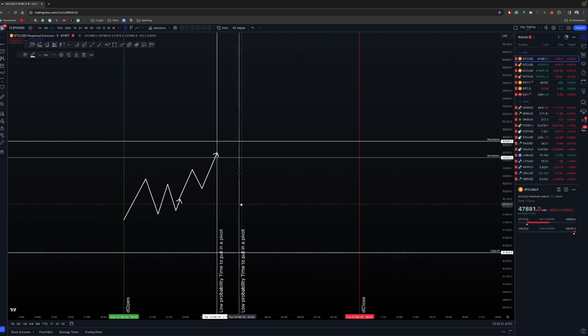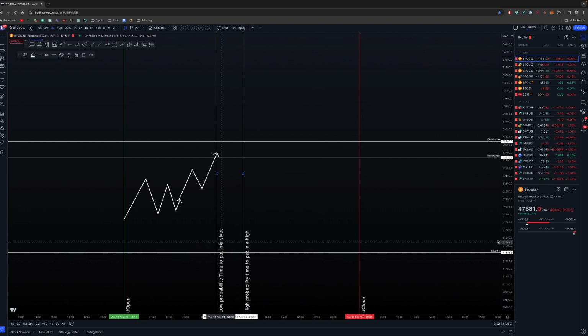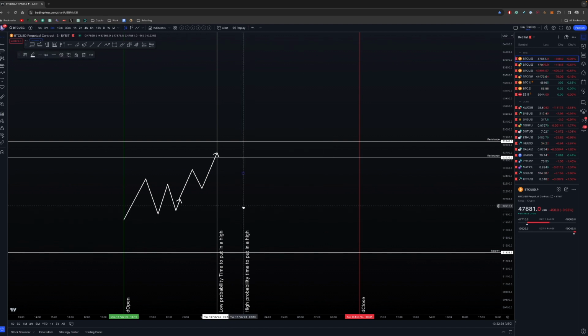And then here, we have a high probability to put in a high. Let's say a high. I'm going to talk a bit more about pivots later. Low probability time to put in a high, and a high probability time to put in a high.